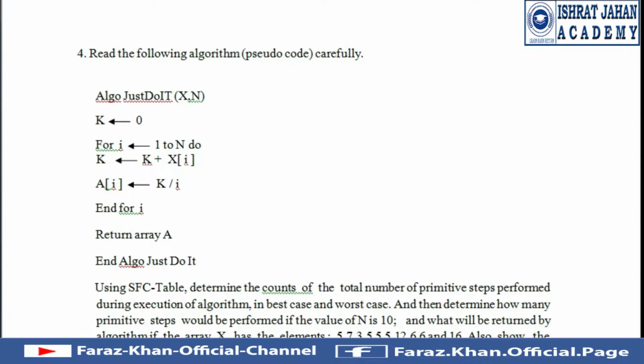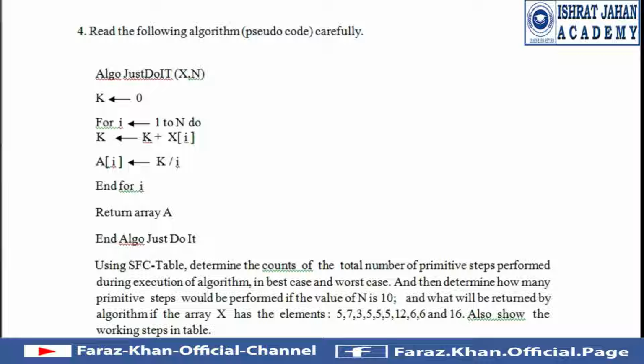Here is the next problem. Now students, we have to read the following algorithm or pseudo code. The algorithm name is algo just do it, right? The arguments we are passing are x and n, right?